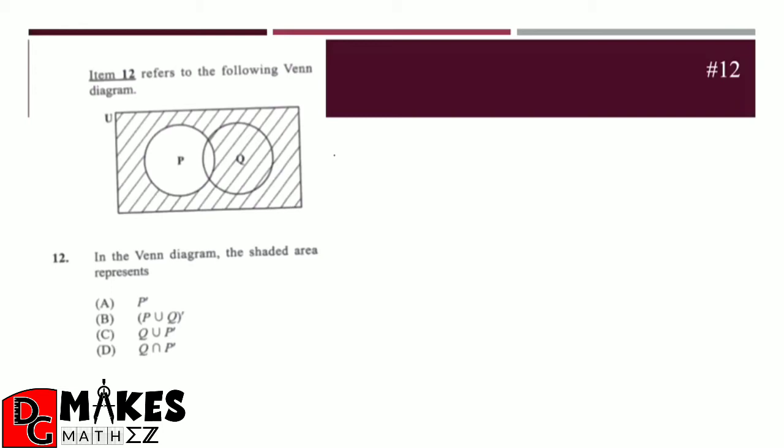For item number 12, it says in the Venn diagram, the shaded area represents, and you're going to just observe in this case.